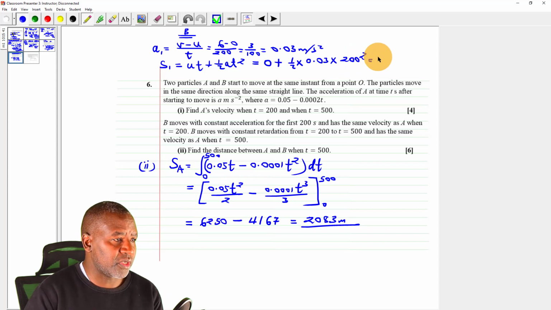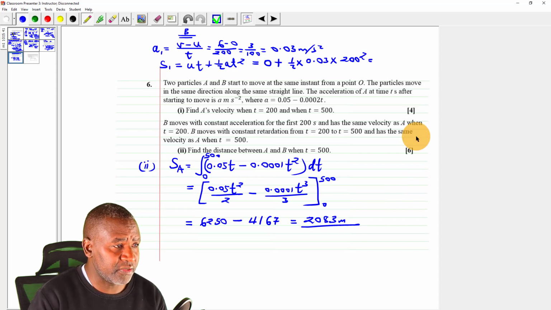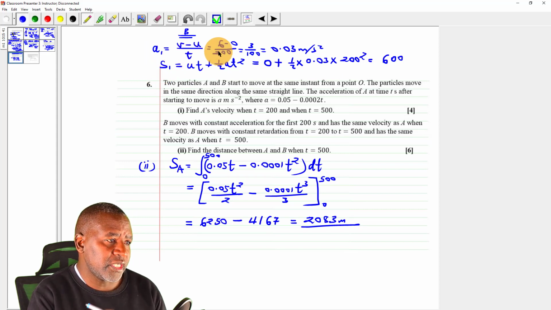So I get 0.5 times 0.03 times 200 squared, and I get 600.